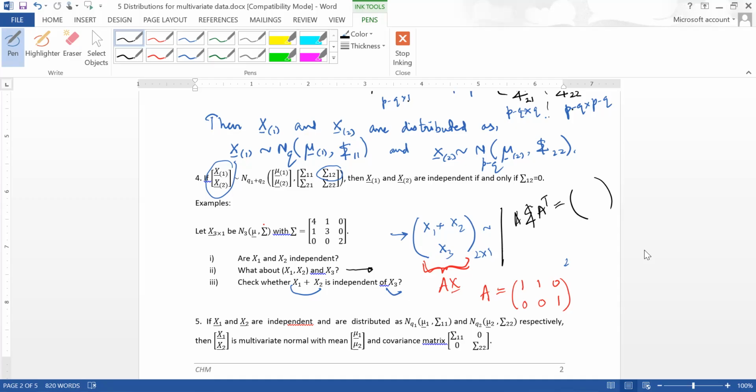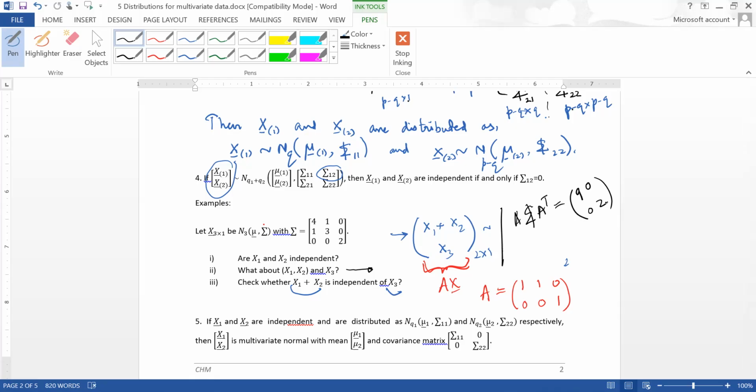I think the time is enough for those who answer. A sigma A transpose is 9002. Definitely full rank, right? A diagonal matrix, definitely full rank. Determinant not equal to 0.